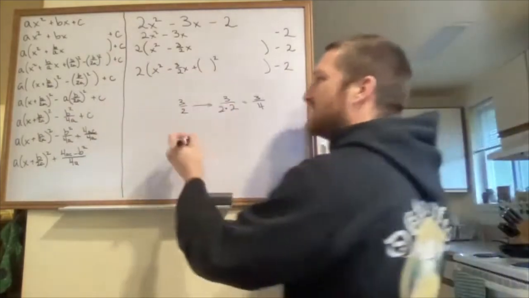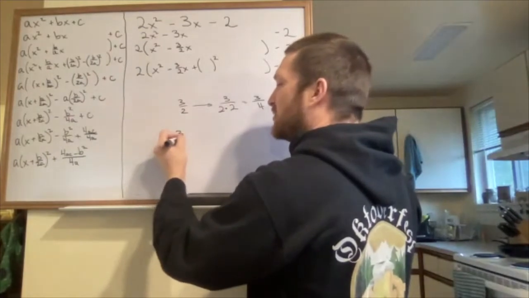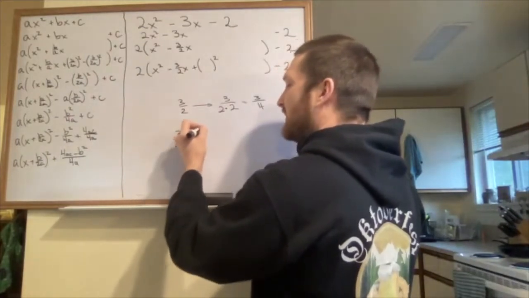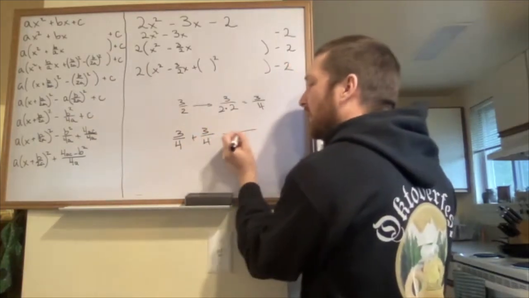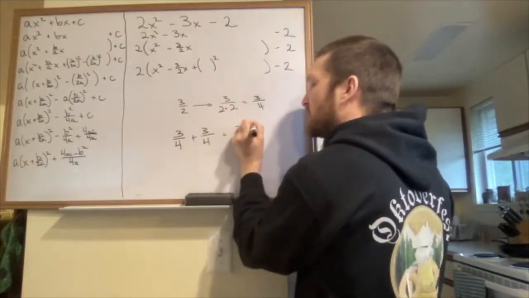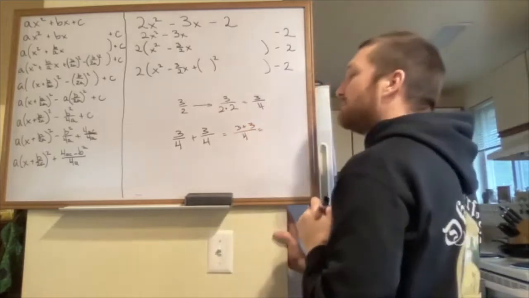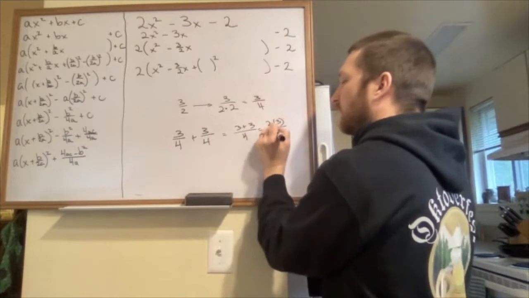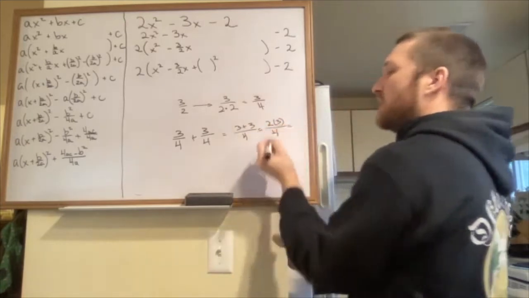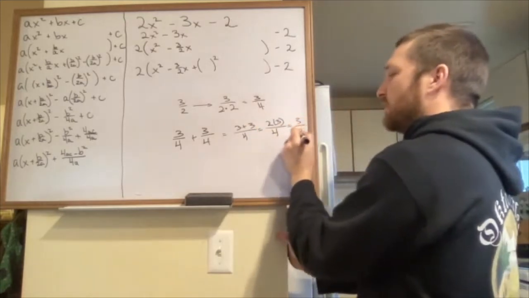And you can see that because, remember what this thing is going to do. When we do outer, inner, last, these 2 things are going to be added together. In other words, 3 plus 3, or 2 times 3 over 4. And what do you know? The 2 and the 4 cancel and you're left with 3/2.